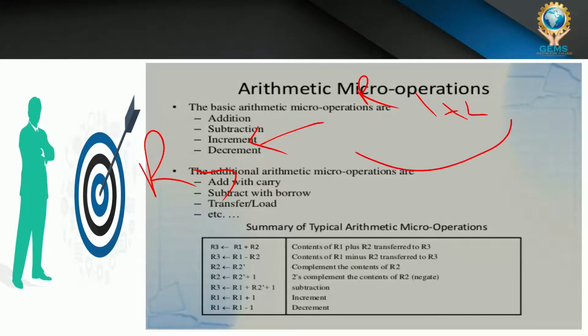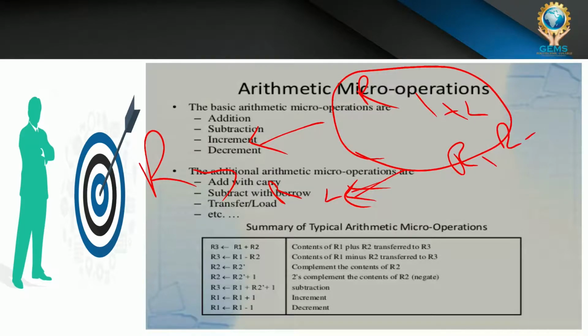So we are adding two registers here, R1 and R2, and the value of this we are storing in register R3. This is an addition. The second one is R3 gets R1 minus R2. The subtraction that you are performing here, the result of this subtraction will be stored in register R3.